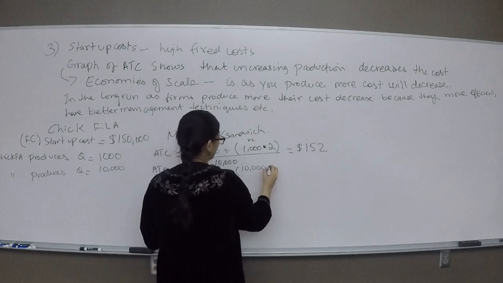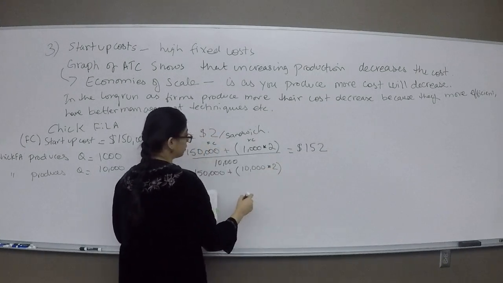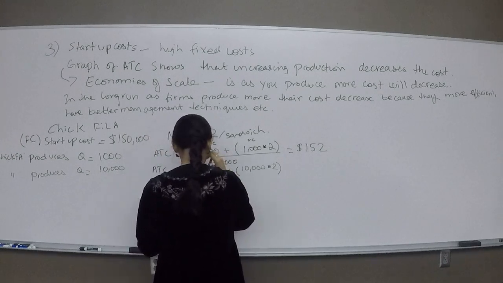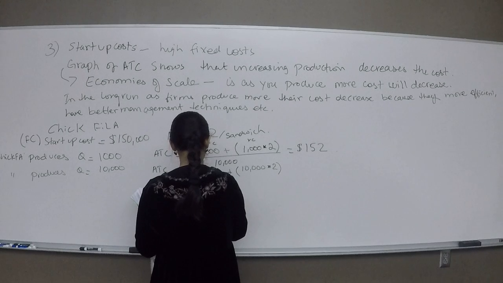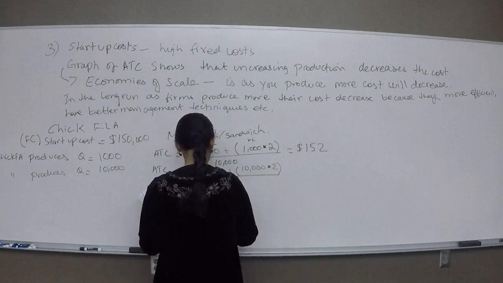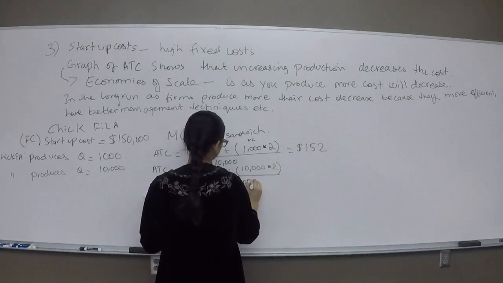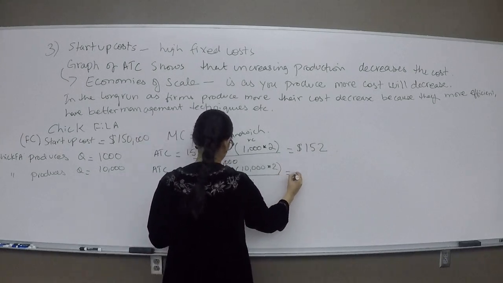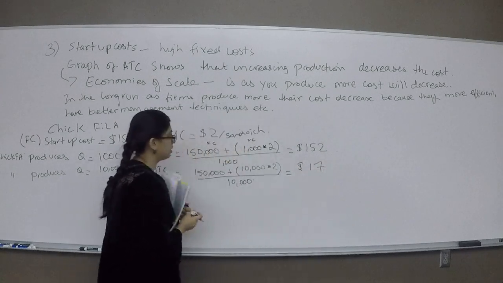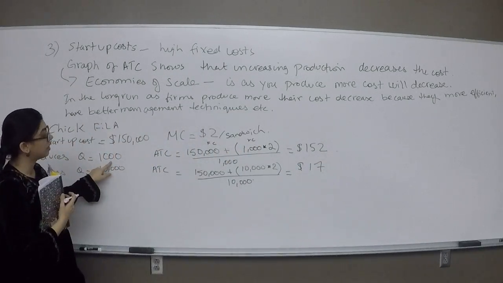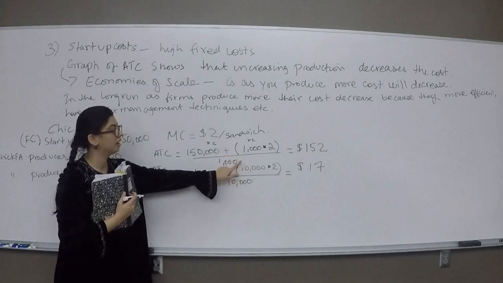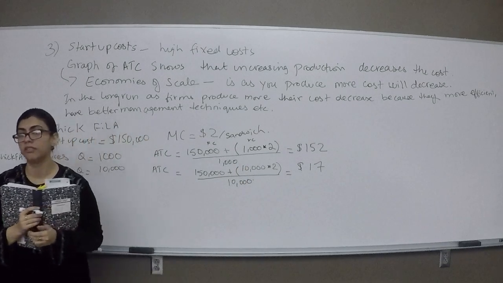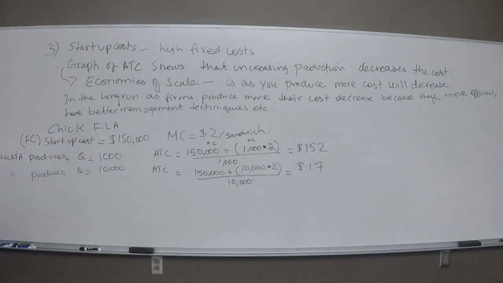So 10,000 times $2 per sandwich, divided by 10,000. It will give you $17. So the first quantity was 1,000, you have to put 1,000 here and here, and the second quantity is 10,000. I hope you all have corrected the mistake in your notes.